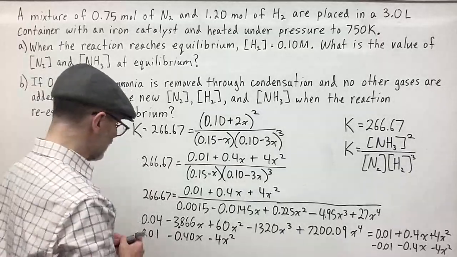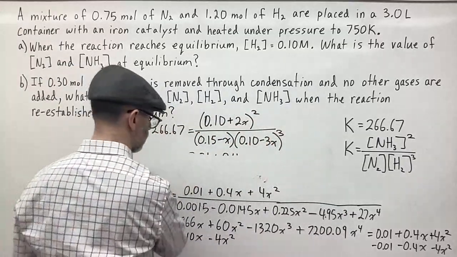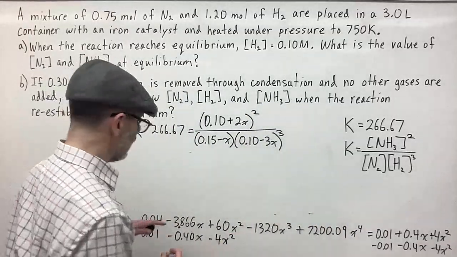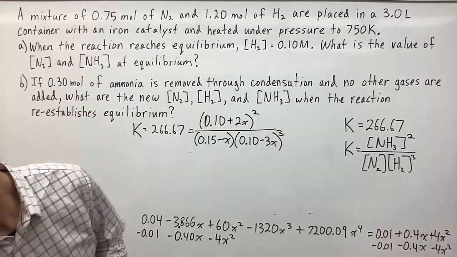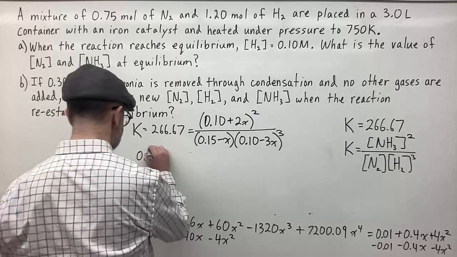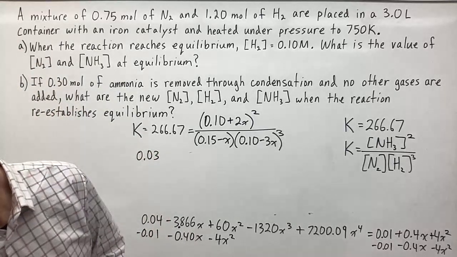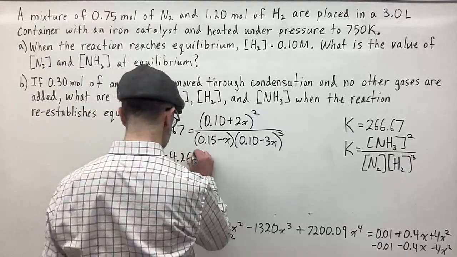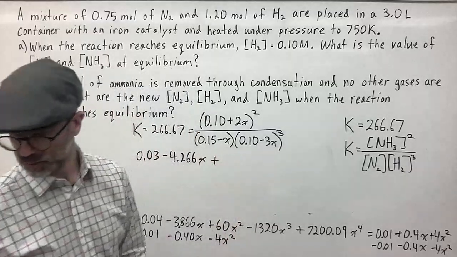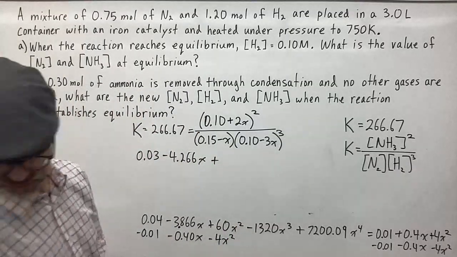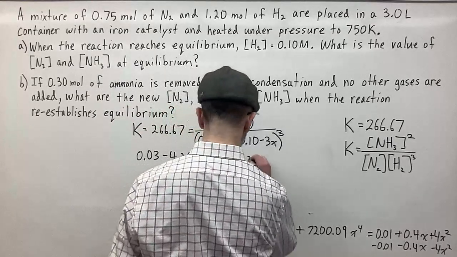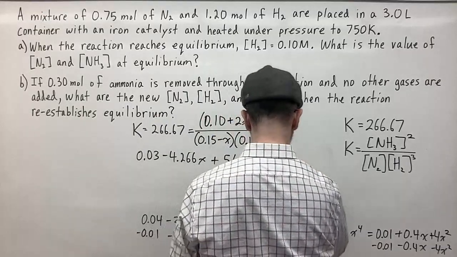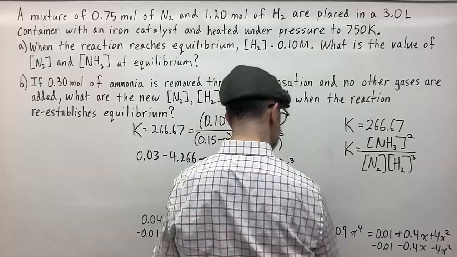And then what you finally get for an equation, let me erase this, is 0.03 minus 4.266x plus 56x squared, and then the rest are the same, minus 1320x cubed.